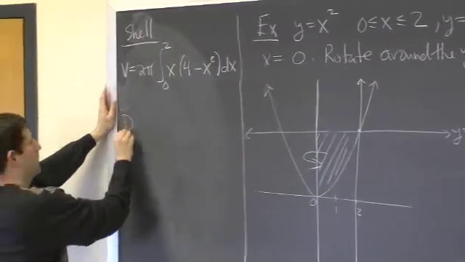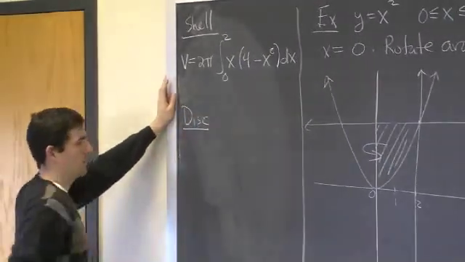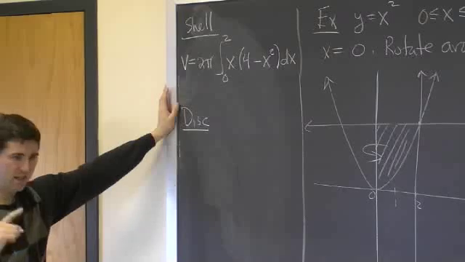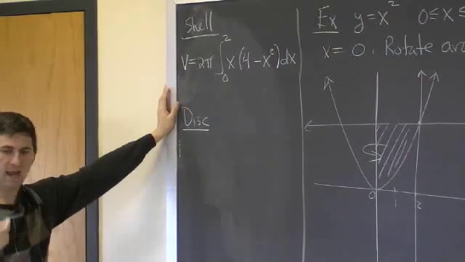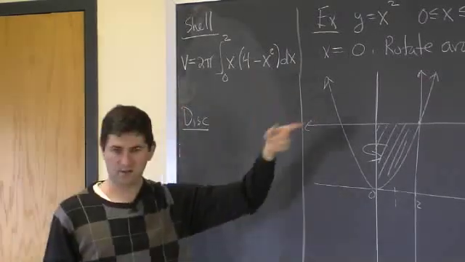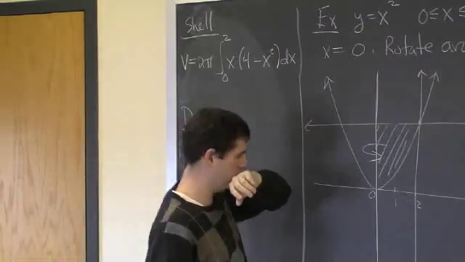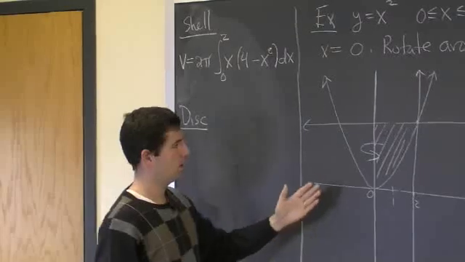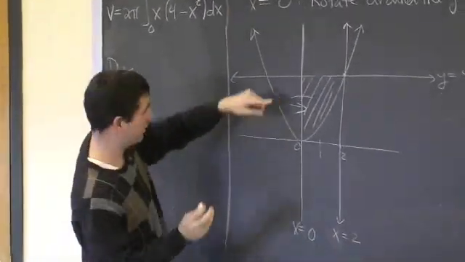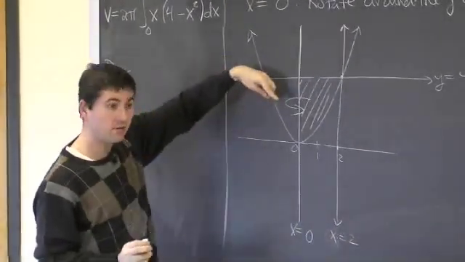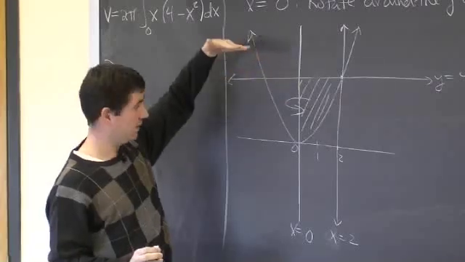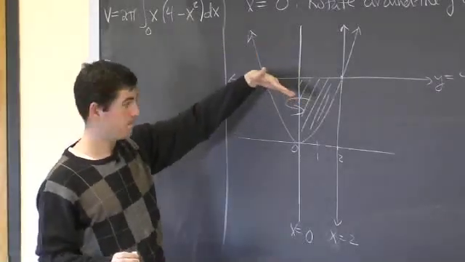All right, let's look at it from the disk point of view. Now, from the disk point of view, you need to have the variable and the axis match. So we have to turn our heads. We know we're rotating around the y-axis, so to make the variables match, we need to write our functions in terms of y.